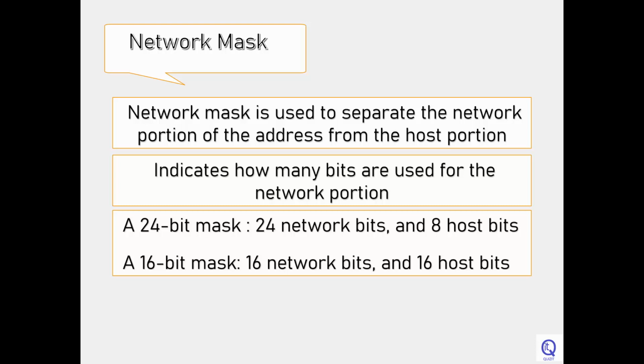If your network mask is a 16-bit mask, that means you have 16 network bits and 16 host bits. Here, 24 plus 8 becomes 32 and 16 plus 16 becomes 32, which is the size of an IPv4 address.